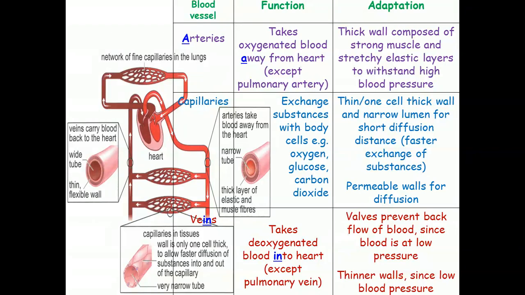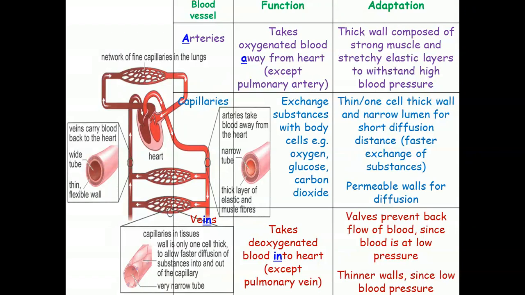To finish off, we've got the last blood vessel, which is veins. Remember, these take deoxygenated blood into the heart, with the exception of the pulmonary vein. Because the blood pressure is much lower once the blood has travelled around the body and is returning to the heart, the blood is travelling slowly, and sometimes it can flow backwards.